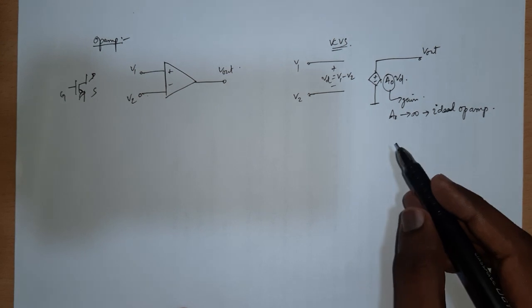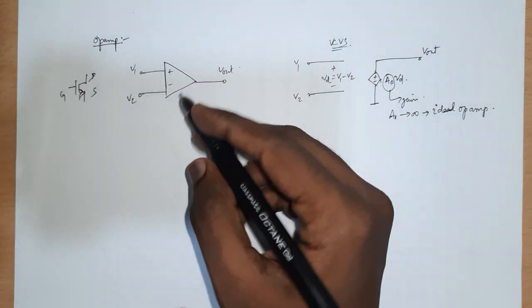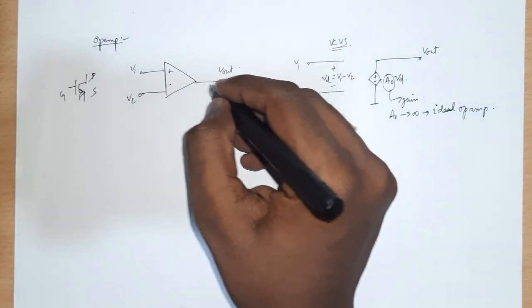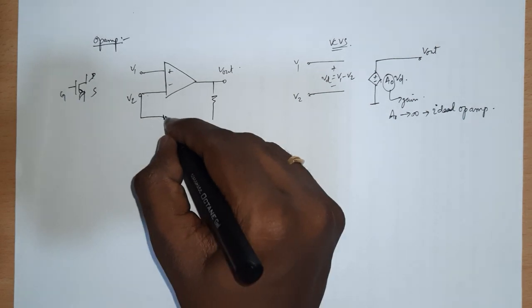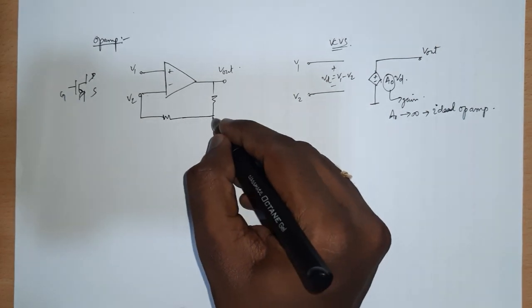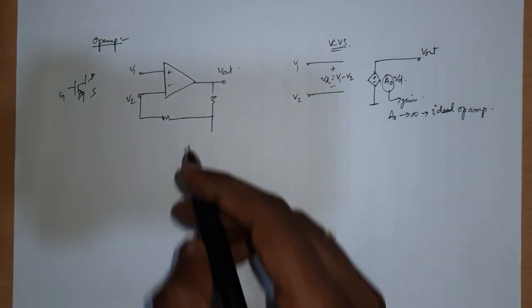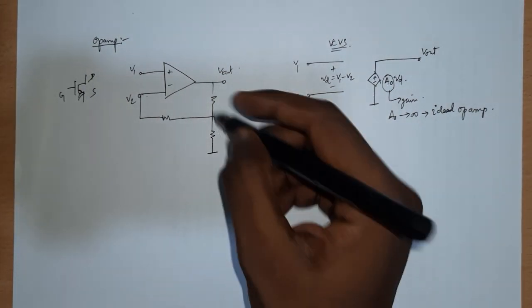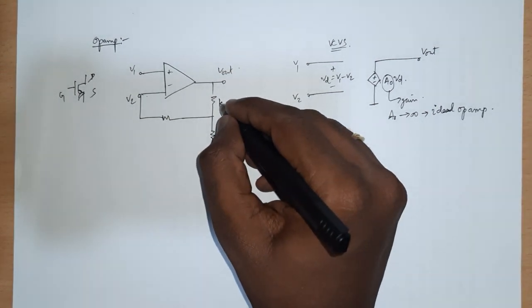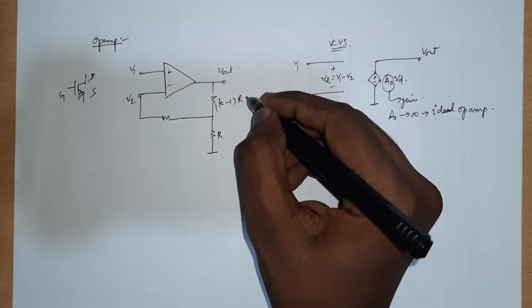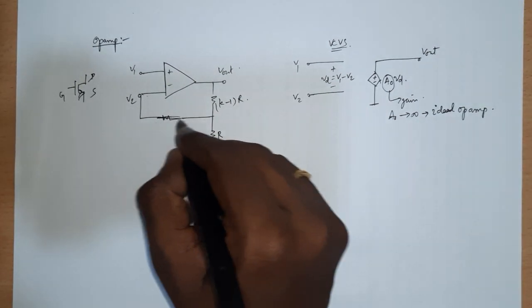So basically the main quality as far as an op-amp is concerned is that if I give you a circuit like this, say this is R, and this is K minus 1 times R, and let's say this resistor is not there.